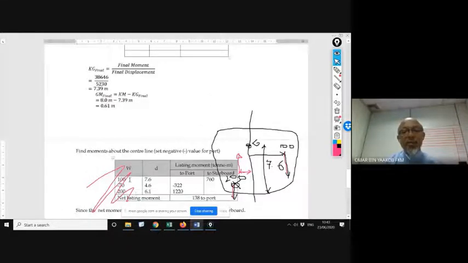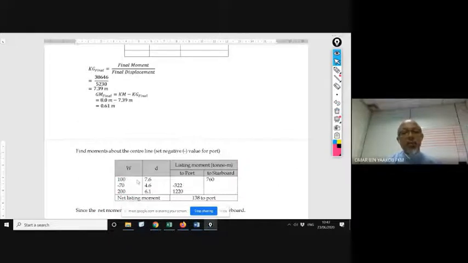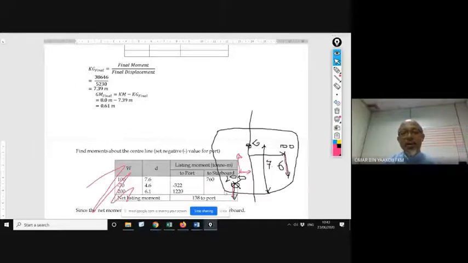Okay, the moment is correct, because the moment is what we saw just now. So you see that 7.6, okay, 100, which is this one, the distance is 7.6 to starboard.